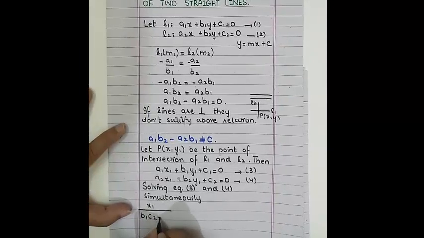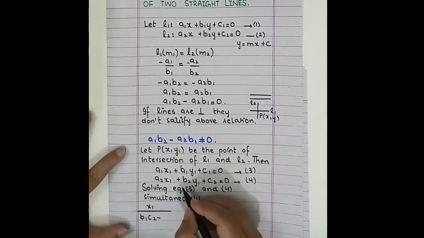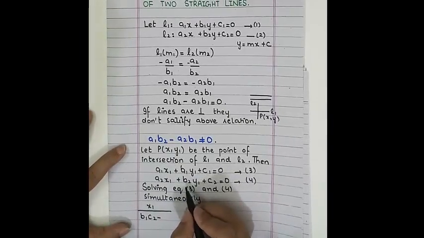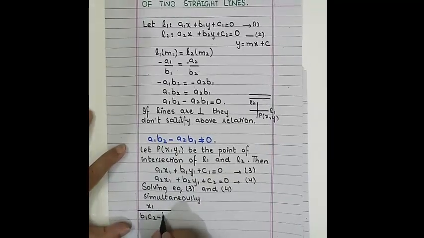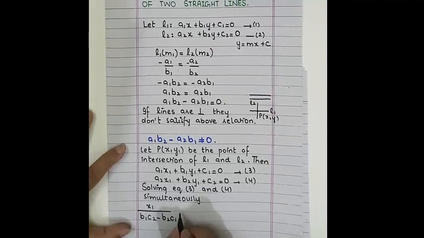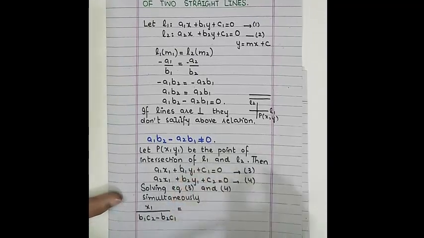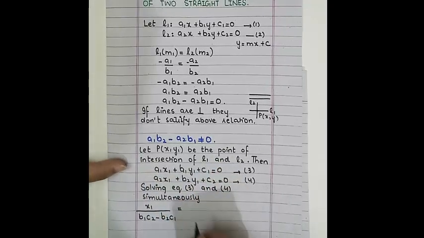Then we have a minus sign, a cross multiplication, then we will multiply B2 C1, right, is equal to. Now in the second step we will fix the value of y and multiply the coefficients of the rest of the values by cross multiplication.